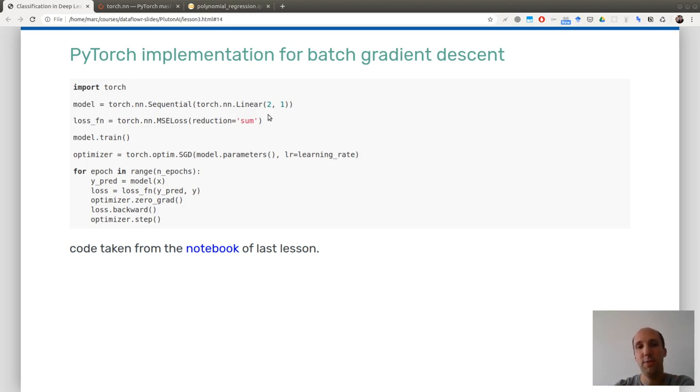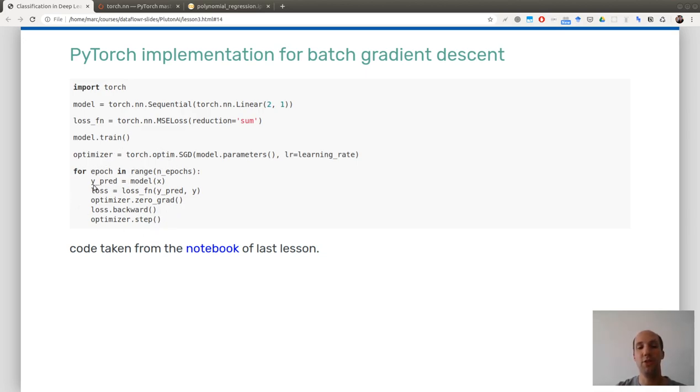Here I'm cheating a little bit because in the linear layer there is an additional bias, which would correspond to my setting where you add one dimension to x corresponding to this bias. Now the loss is the so-called MSE loss in PyTorch, mean square error loss. You define an optimizer, SGD for stochastic gradient descent, and you want to update the model parameters with a given learning rate, and this is the training.